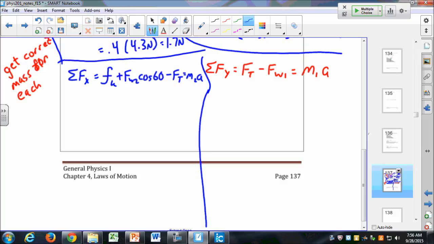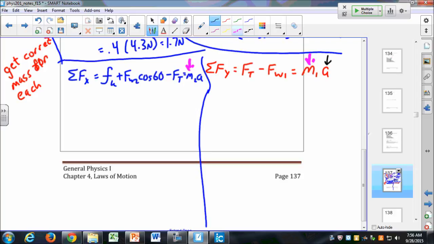But I do want to point out one thing in particular, as I've already said, the masses here are different because there are different masses moving. When you have two bodies, make sure that you treat each one independently, even though they're going to share some variables. Like for example, in this case, they shared the same tension in the rope because they were connected by the same rope. They also share the same acceleration.